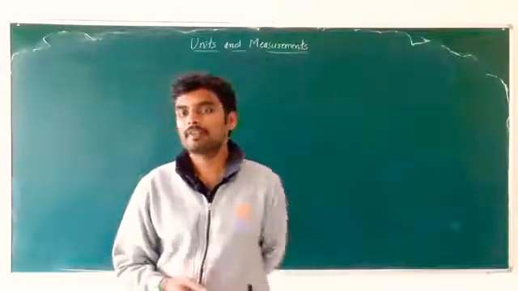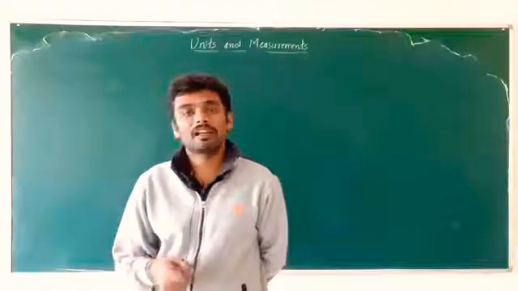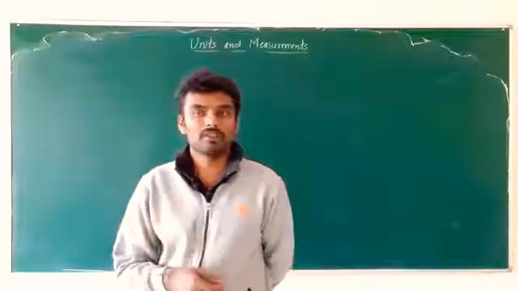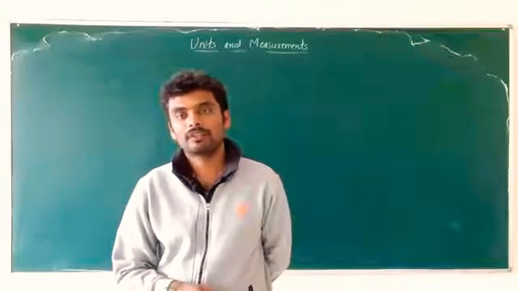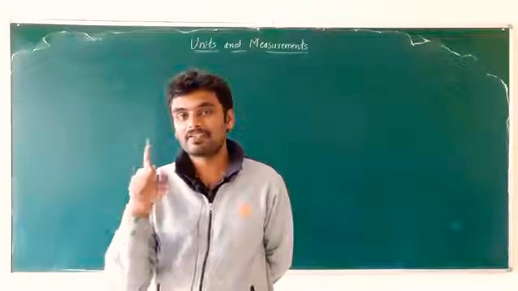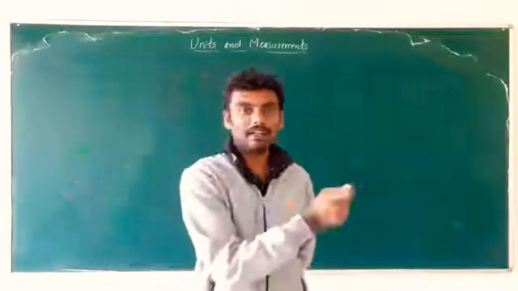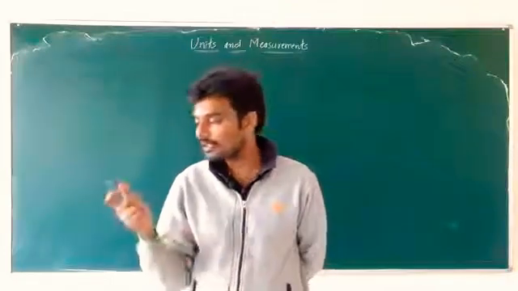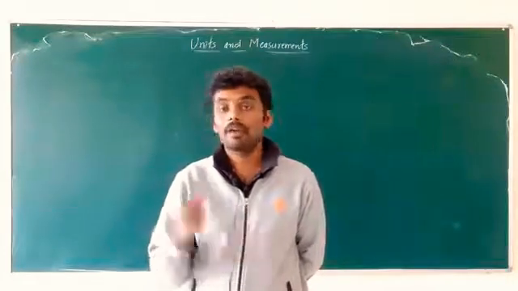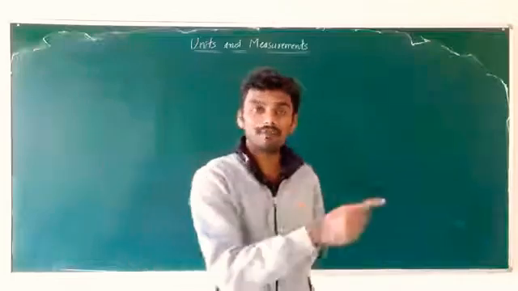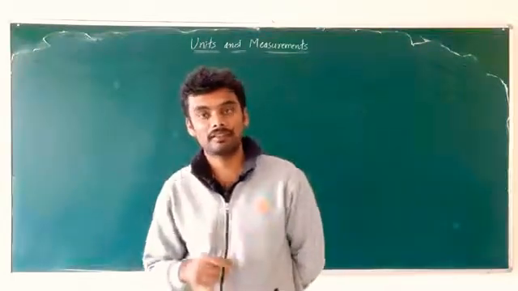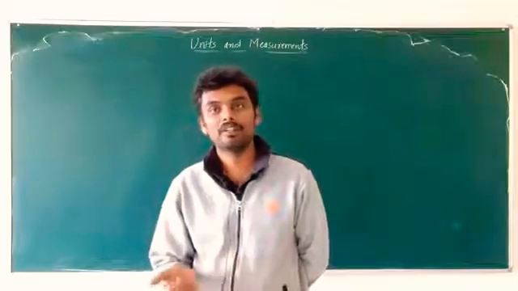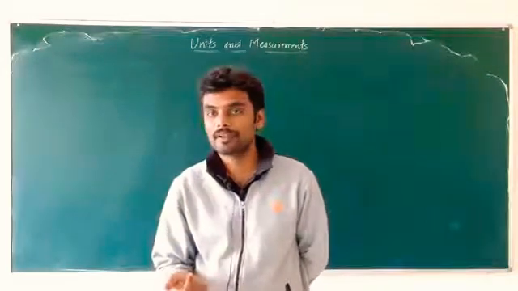Just as an example, say I want to calculate the speed of a moving body. First, I should take the distance traveled. Then I should take the time taken. Both this distance measurement and time measurement can have errors in it, isn't it? It's a measurement, so it can have errors.